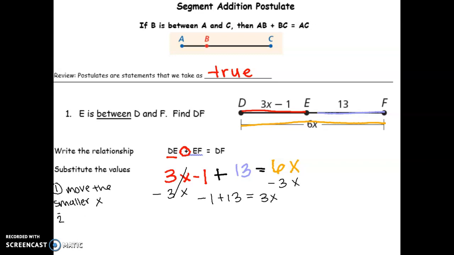Our second step is to combine like terms. CLT, that's what I will be referring to it from now on. So negative 1 plus 13, that's just the same thing as saying 13 minus 1, so that's going to be 12, equal to 3x.